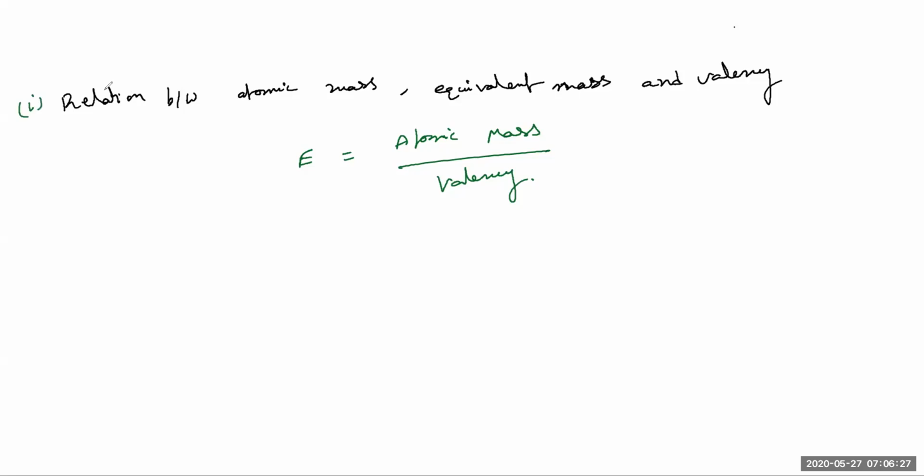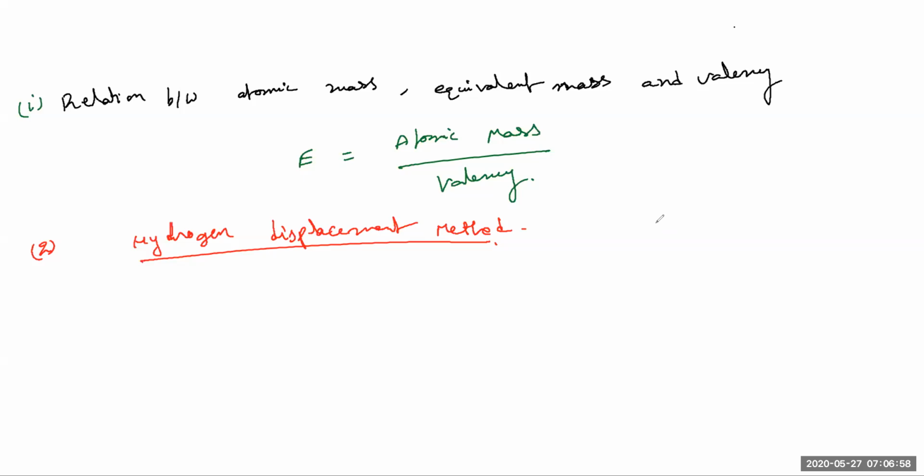Next, the second one is the hydrogen displacement method. Hydrogen displacement method means generally metals react with mineral acids like HCl.